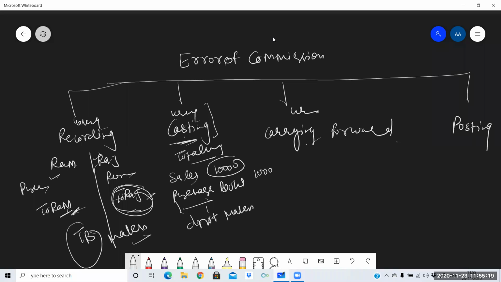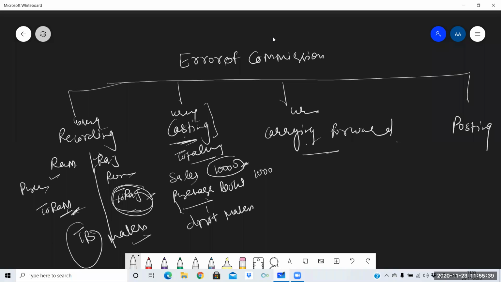Third is the error of carrying forward. Carrying forward means the error arises when a mistake is committed in carrying forward a total of one page to the next page. Suppose we are making a journal. So in that journal, total of purchase book is carried forward as 10,000 instead of 1,000. Here the totaling is made wrong.